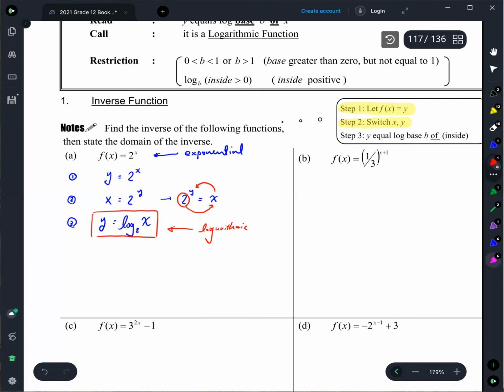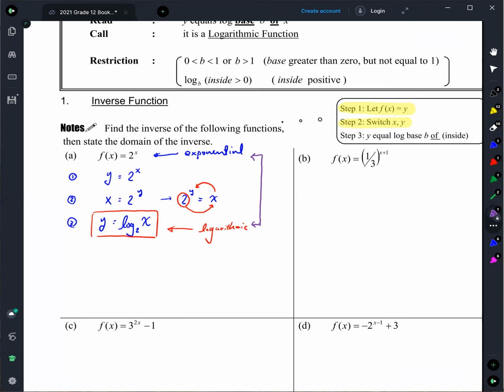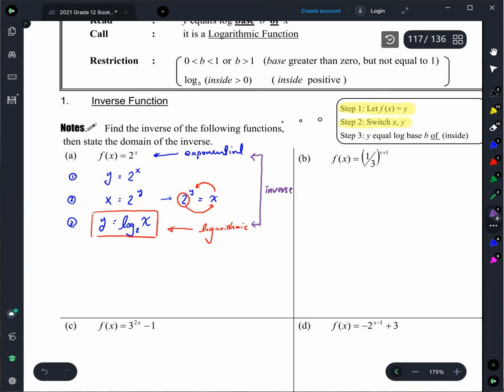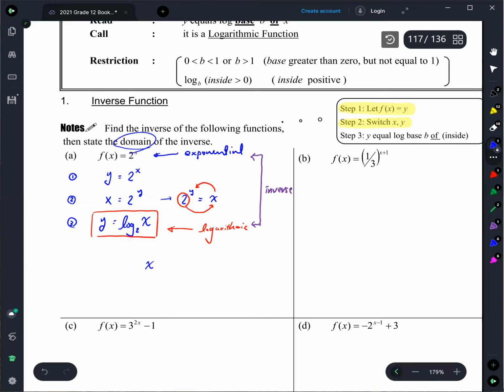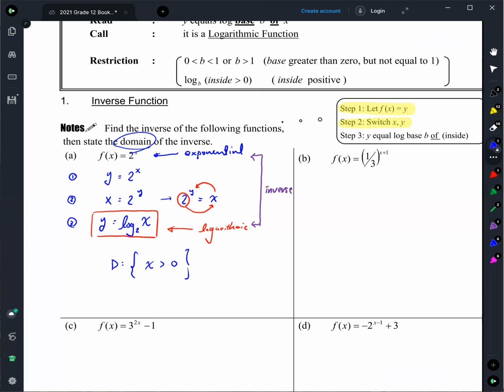And the relationship between these two, because it needs you to switch x and y and then isolate the y, is that they are called inverse. I think last time we mentioned that whatever goes into the log must be positive, right? So for the domain of the inverse, x has to be greater than 0. So this is the domain. Anything greater than 0.